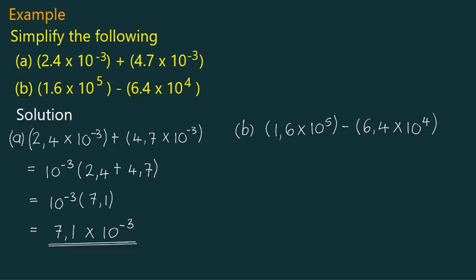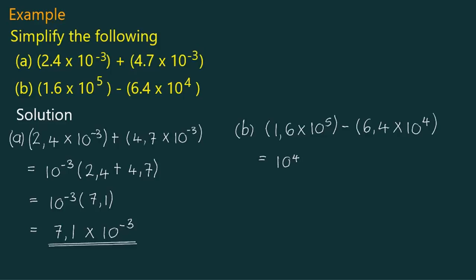Here with the two numbers in standard form, since we have 10 to the power of 5 here and 10 to the power of 4 here, the highest common factor will be 10 to the power of 4. That is the highest common factor for those two numbers.